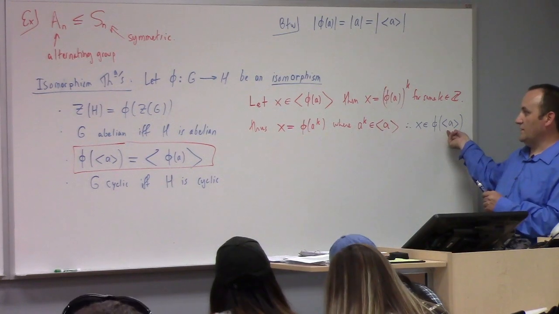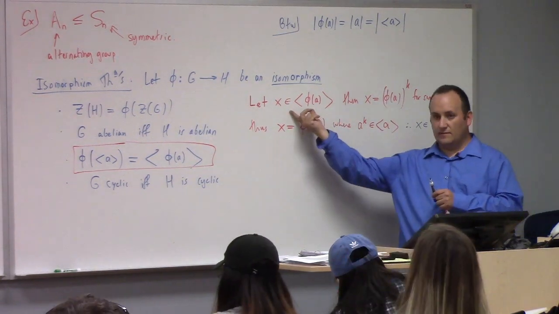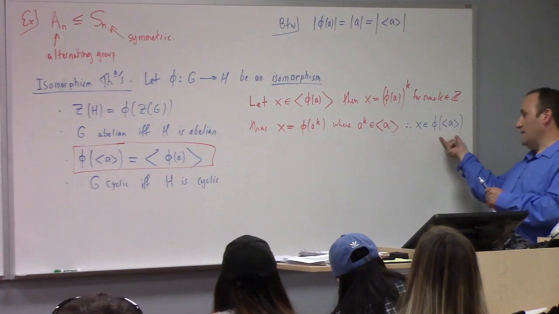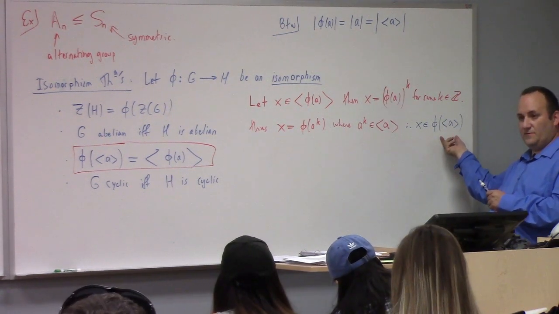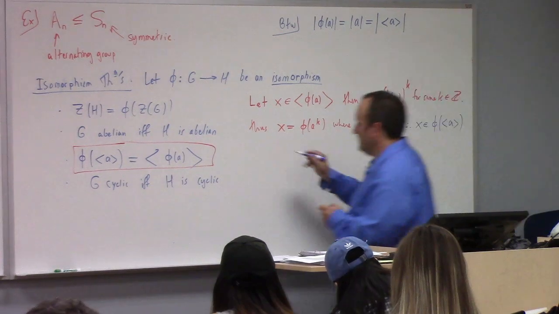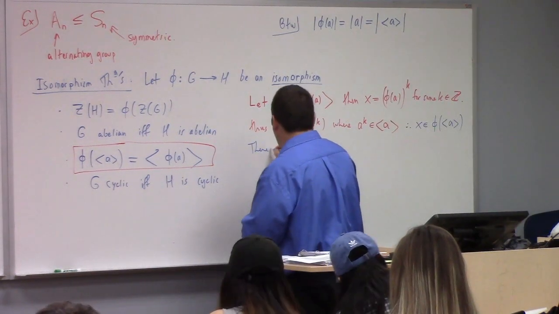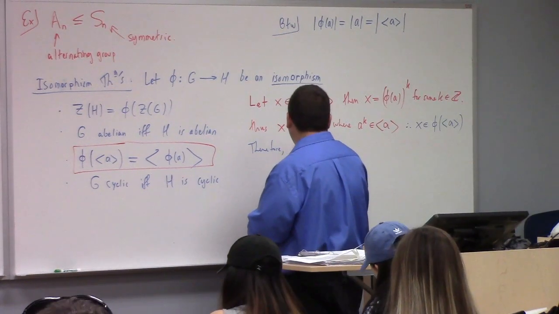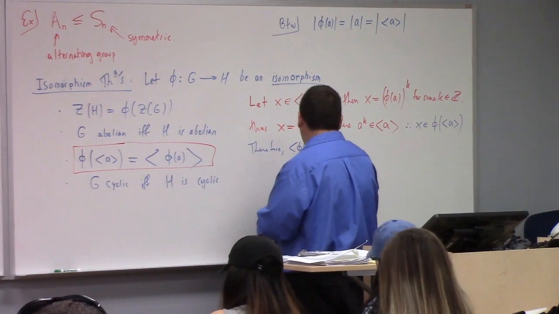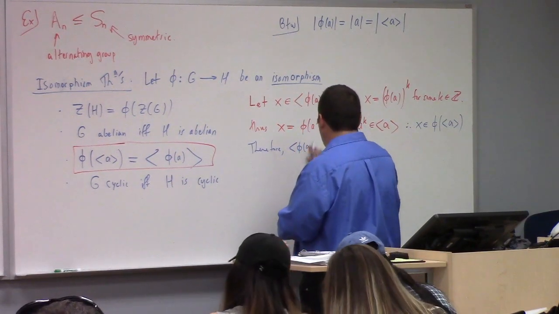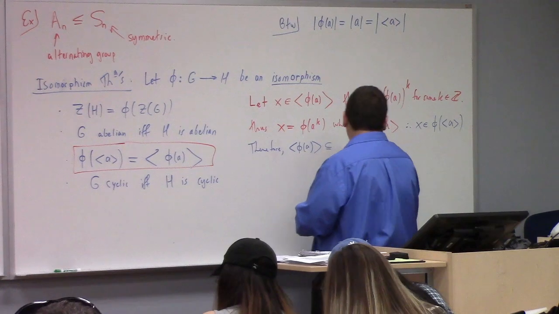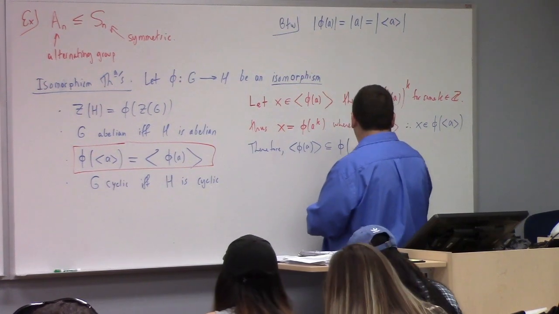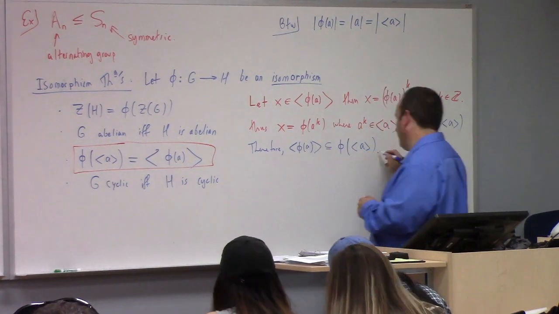And so I've just shown that an arbitrary element in here is also in there. What's that do for me? The cyclic subgroup generated by phi of A is a subset of phi of the cyclic subgroup generated by A.